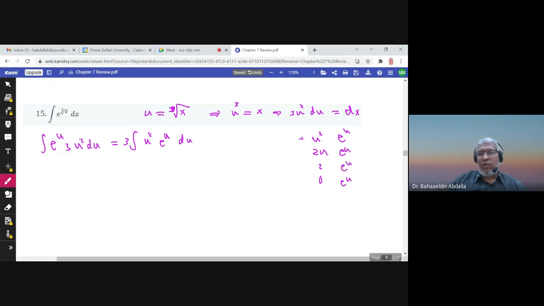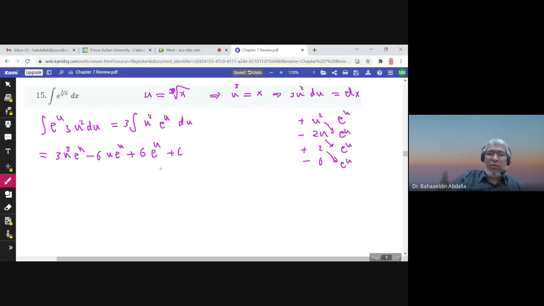And I put plus minus plus minus. So the answer would be 3 times u squared e^u minus 2 times 3, so minus 6u e^u plus 2 e^u multiplied by 3, so plus 6 e^u plus C.